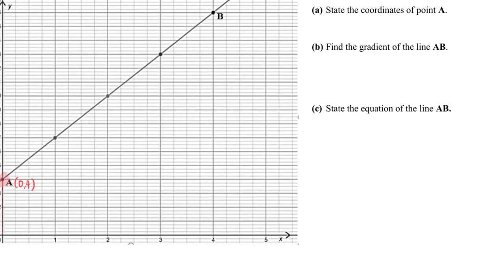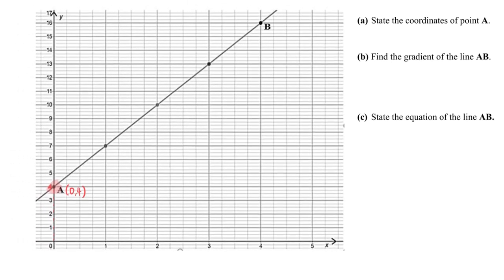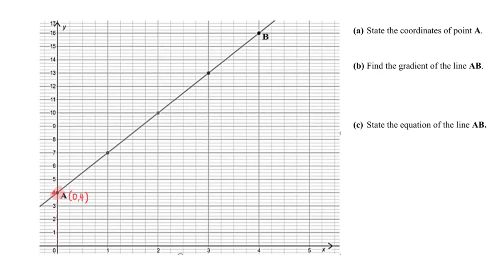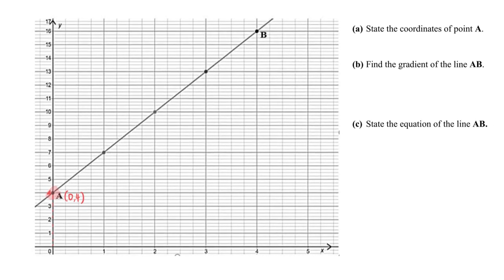Now, gradient of this line though, we do need 2 points to find the gradient. So I'm going to just probably find a convenient point. You can find any point. So for the purpose of this case, we will have x is 4. I'm going to choose point B. Y is 16.